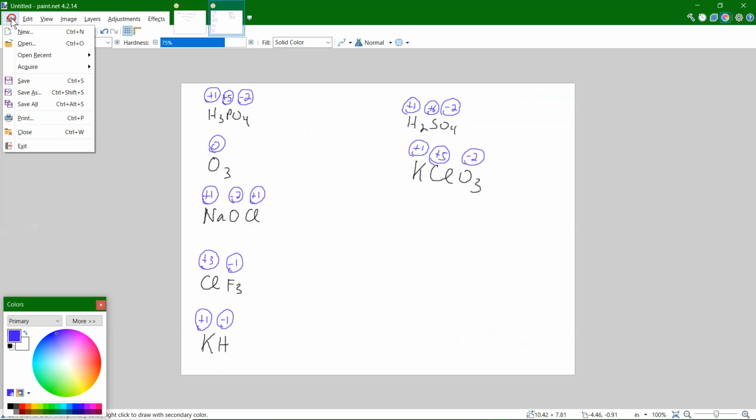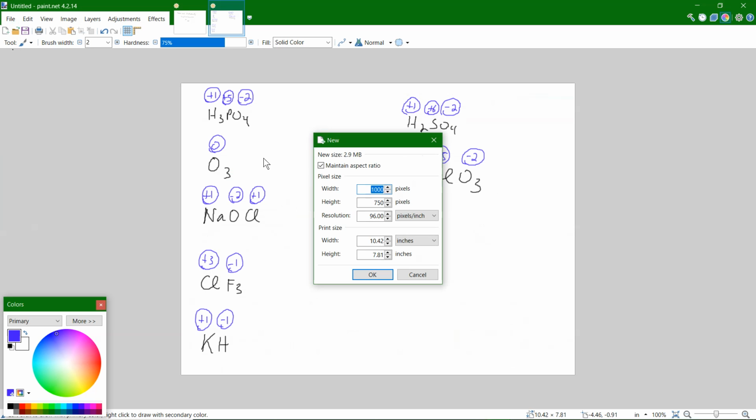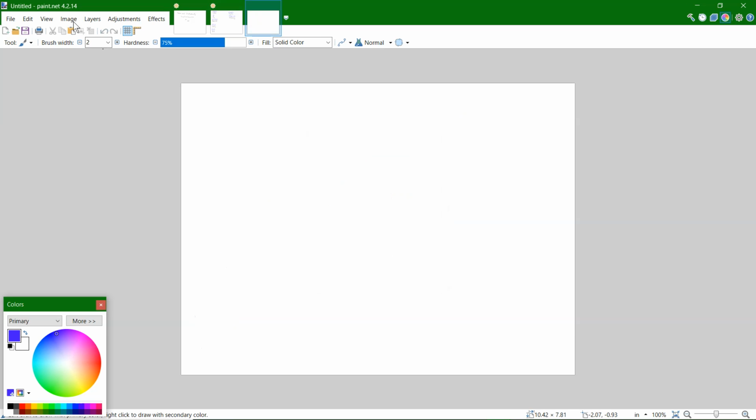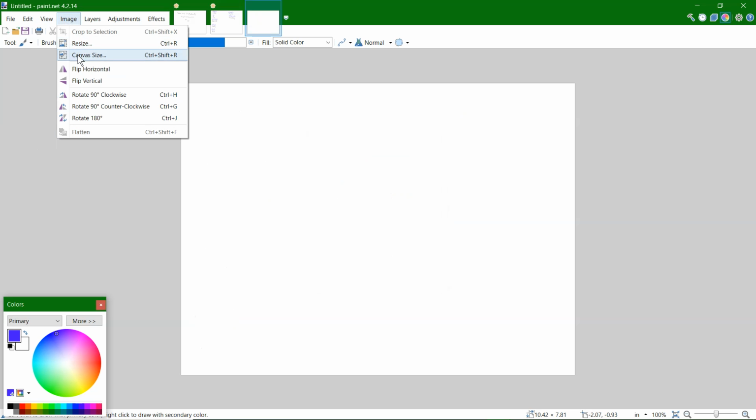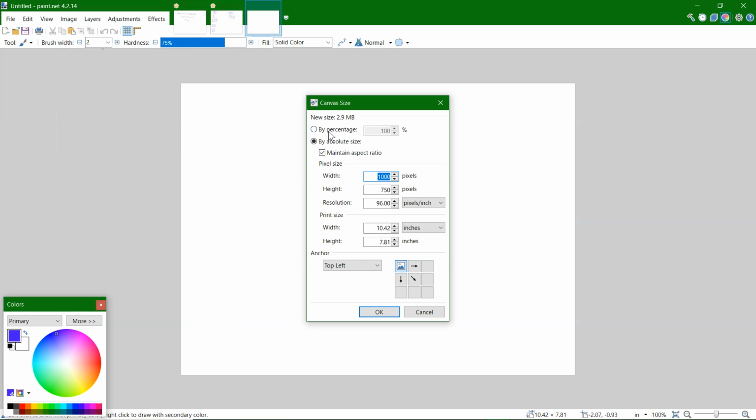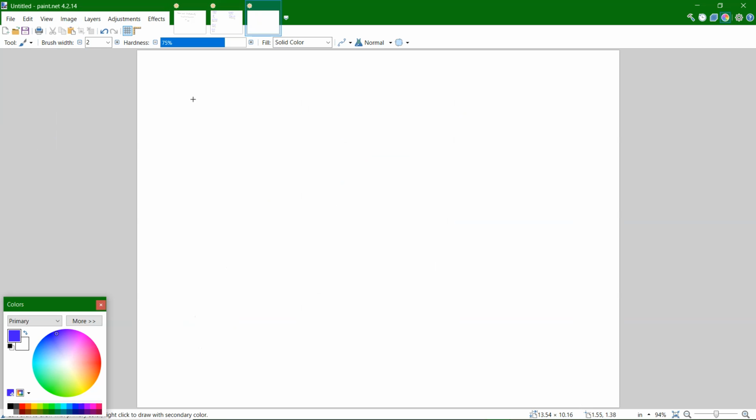File, new, maintain ratio, sure. Let's get the image a little bigger. I think just change the canvas size to 130, that's good enough. Okay, so there's my canvas size.